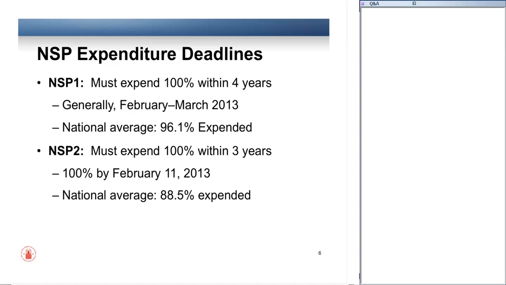And what we're planning to do is to issue authority to postpone your submission of certain NSP1 and NSP3 reports until March. So we'll be publishing a notice on that.